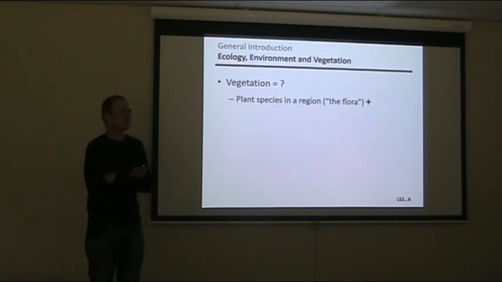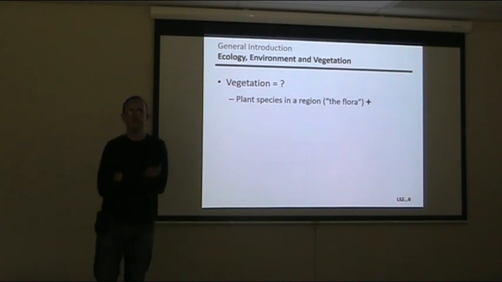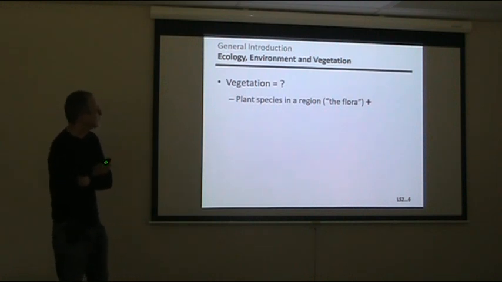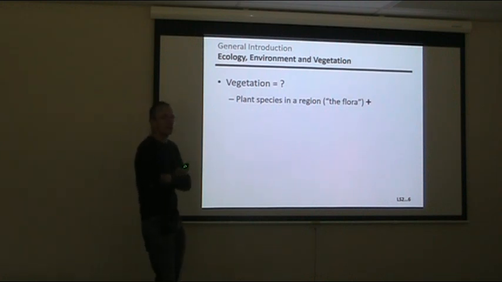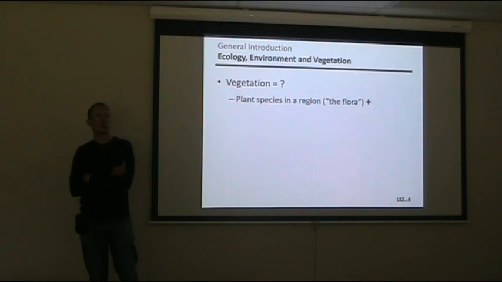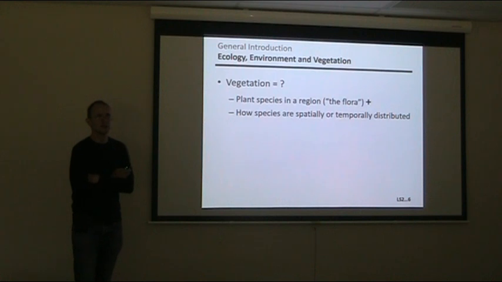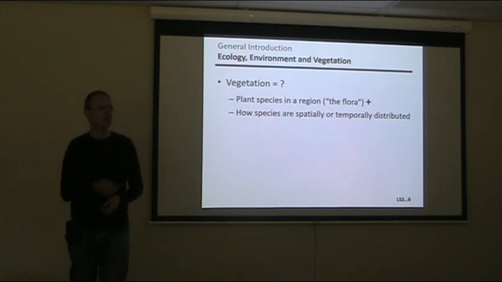I've been using for the last week and a bit a term very, very loosely: vegetation. So let's just give vegetation a quick definition. The flora is all the plants that you find in a region, in a community, and there needs to be some kind of spatial and temporal link between species to make this vegetation.